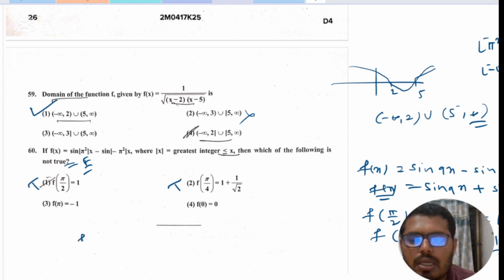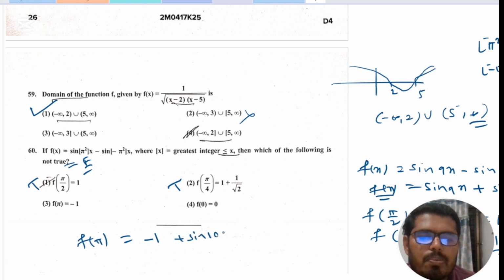What about f of pi? F of pi is sin 9 pi plus sin 10 pi.